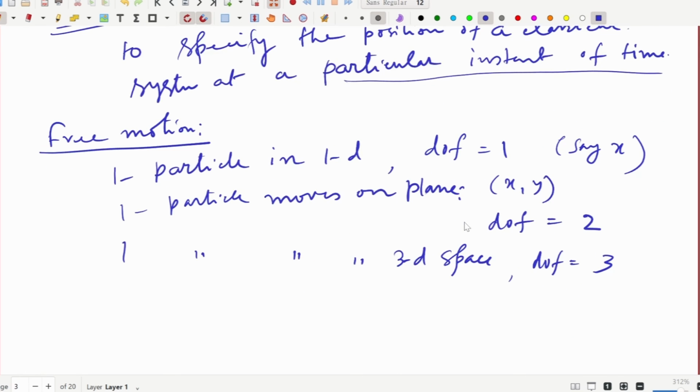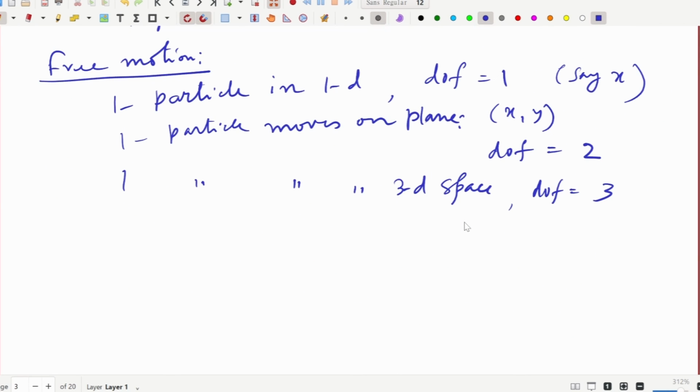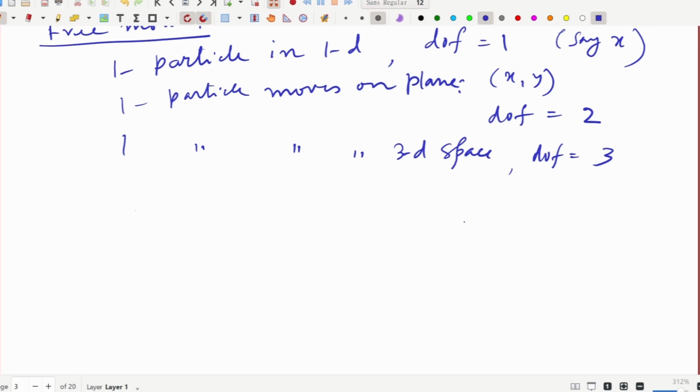Similarly, if a particle moves in n-dimensional space, its degrees of freedom will be n.